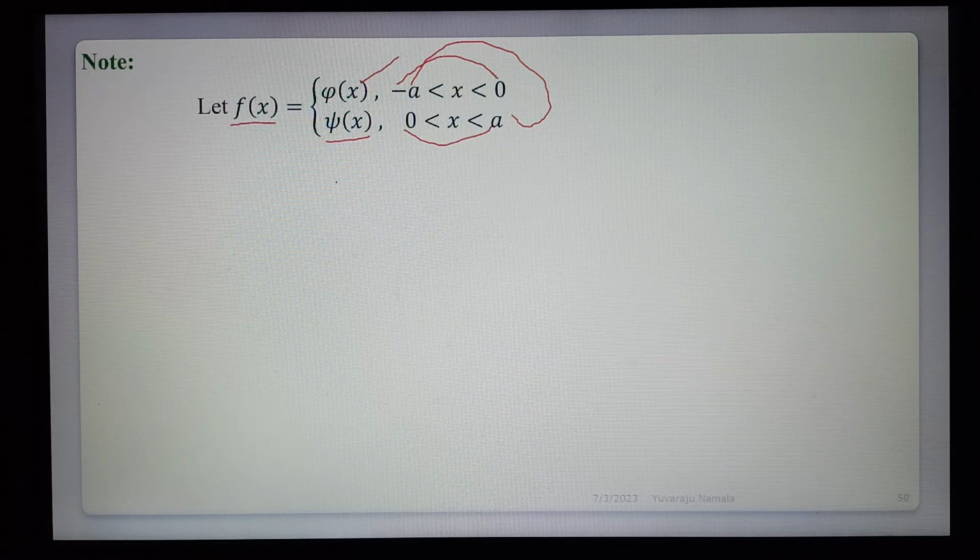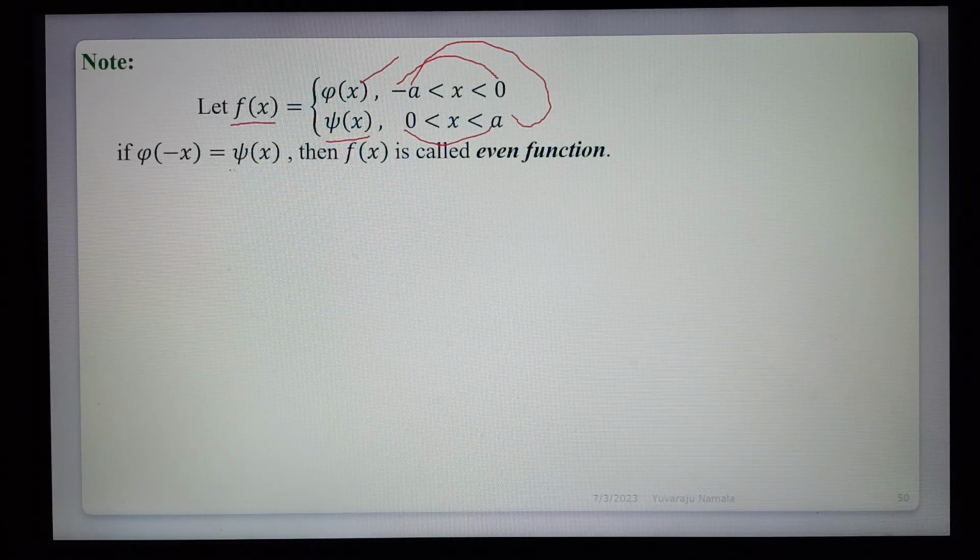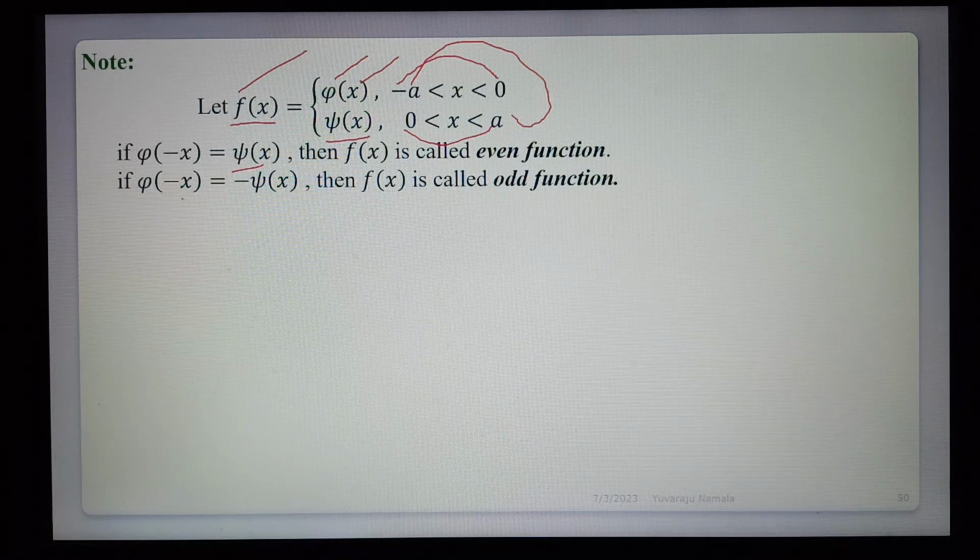Here if phi of minus x is equal to psi x, that is, replacing x by minus x in the first function, we get the second function psi x, then f of x is called an even function. If phi of minus x is equal to minus psi of x, that is, minus times the second function, then f of x is called an odd function. This is another definition of even and odd functions.